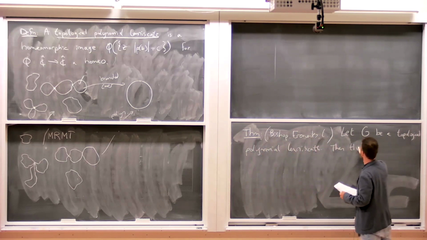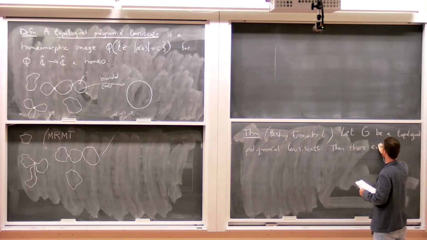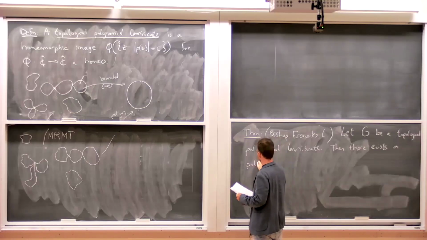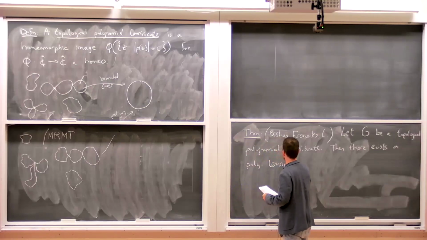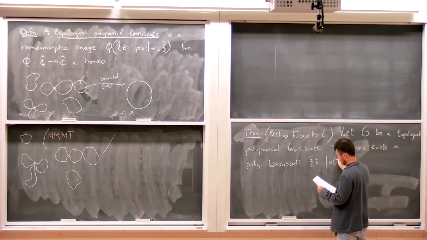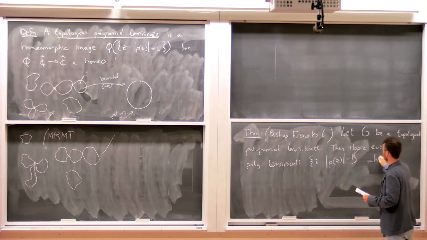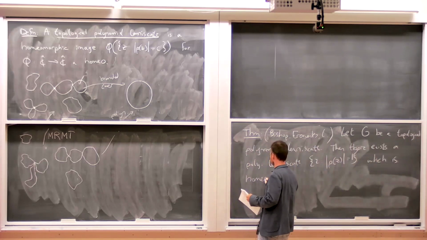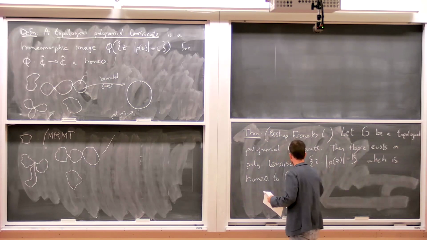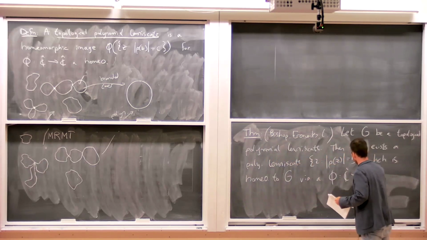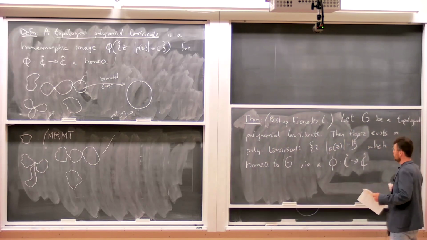Then there exists an actual polynomial lemniscate which is homeomorphic to G via a self-homeomorphism of the sphere.